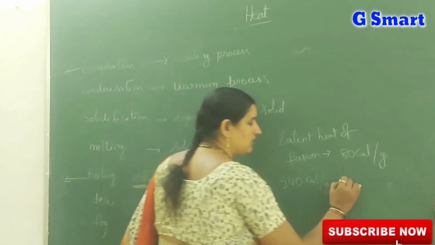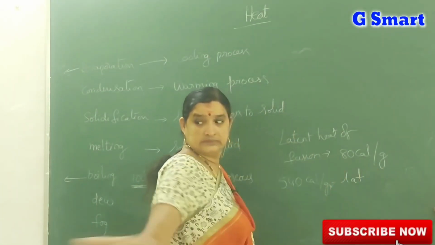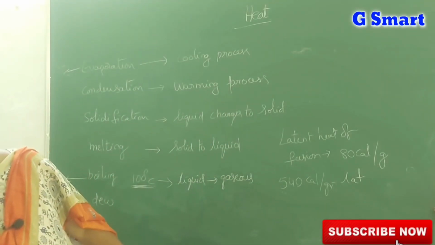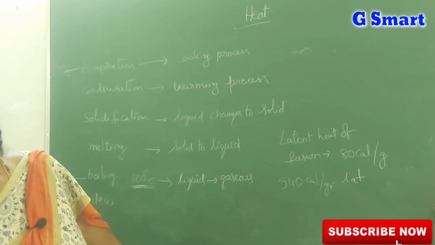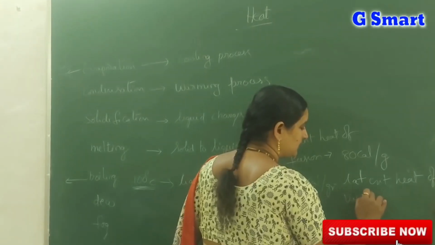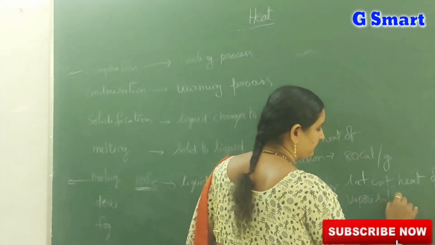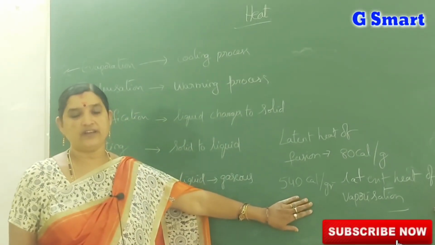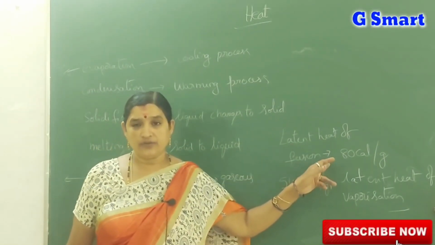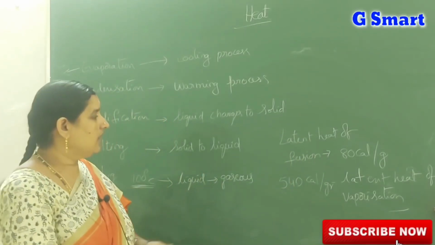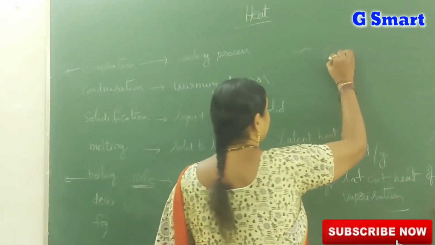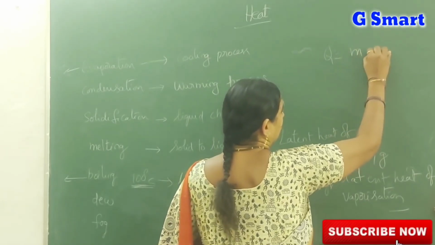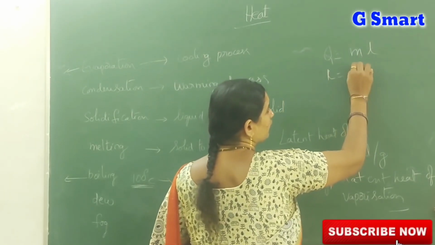This is called latent heat. The value of latent heat of vaporization is 540 calories per gram. The latent heat of fusion is 80 calories per gram. How can we calculate it? Here we have a formula. Q = mL. Here latent heat L = Q/m.